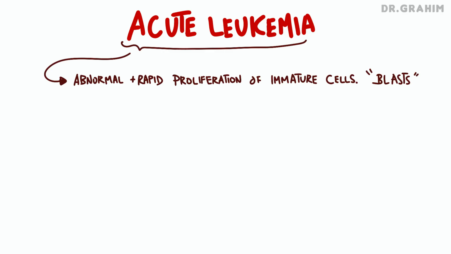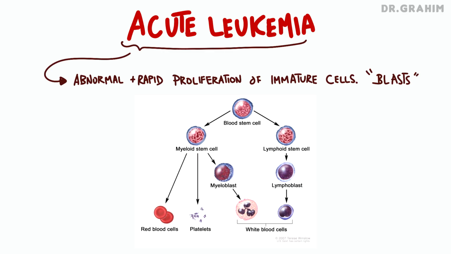These blasts originate from a monoclonal multiplication, meaning they all come from a single abnormal cell that has started dividing uncontrollably. Normally, hematopoietic cells, which give rise to red blood cells, white blood cells, and platelets, mature progressively through several stages.